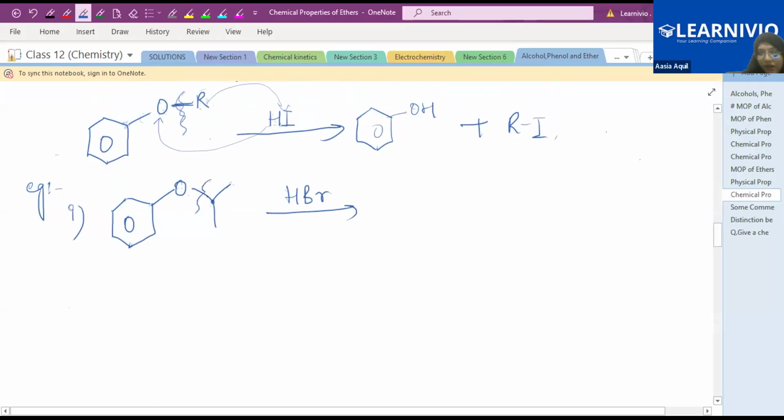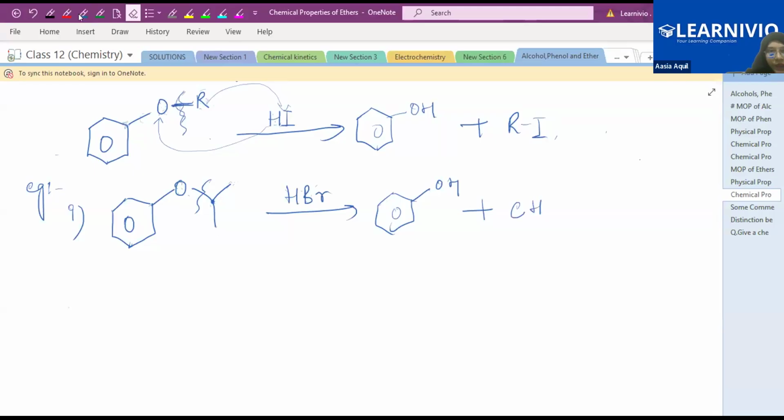This oxygen and carbon bond. The hydrogen will get attached to this oxygen, so it will form phenol plus this one, 1, 2, 3. Here, to the second carbon, you have to attach the bromine. Which carbon? The second carbon. So this is the first CH3, CH2, and the CH, and you write bromine here. So that is the product.